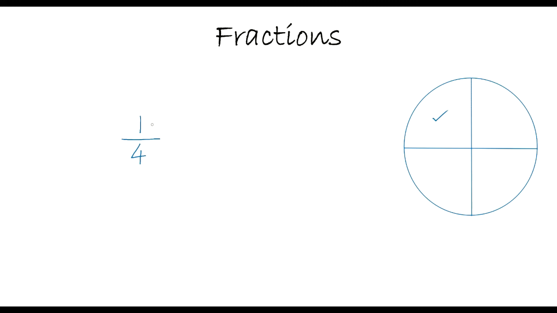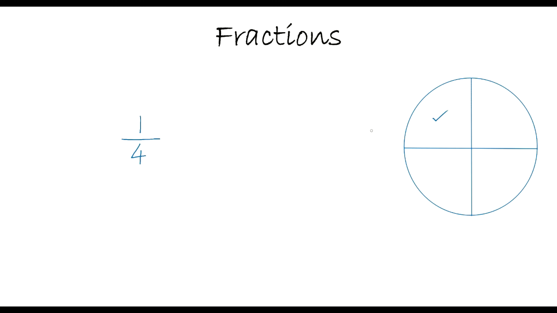So a fraction is one kind of number that includes 2 integers, one on top, one in the bottom. And the top number represents the number that you have and the bottom number represents the number of total parts.